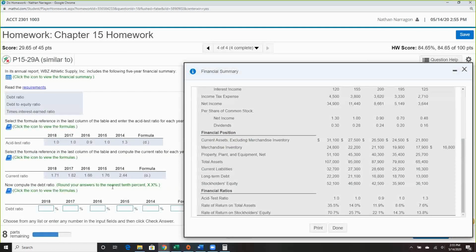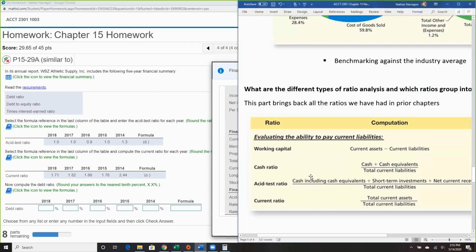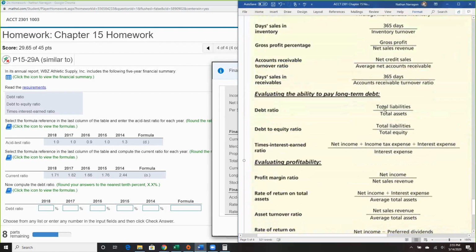Okay. Now we're on to debt ratio. Hey, only 2 more after this one. We're almost done. We're in the last 10 parts. So, debt ratio. Again, looking at your formula, it's your total liabilities divided by your total assets.